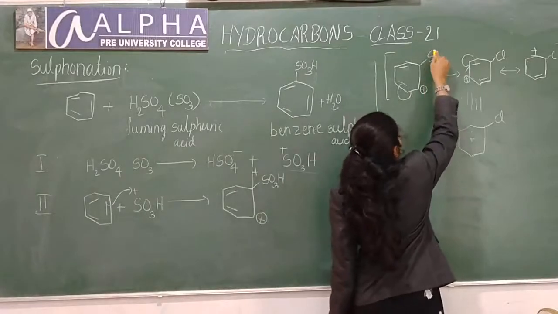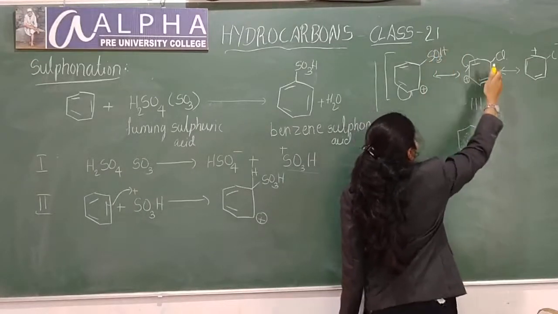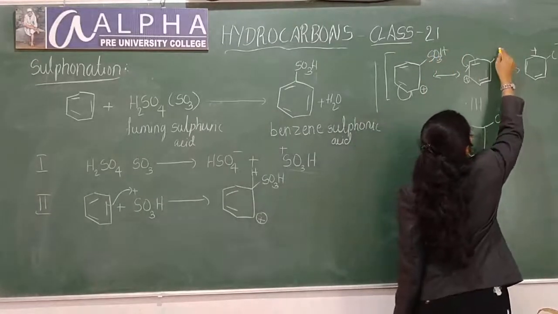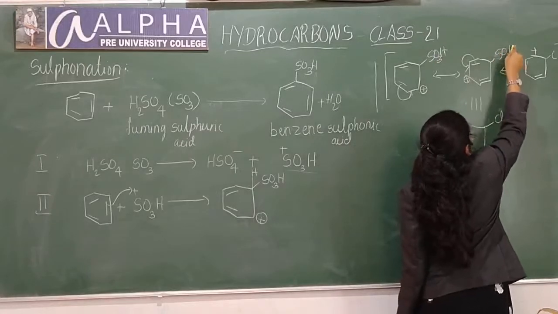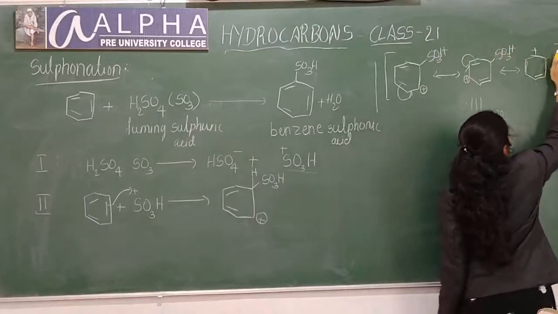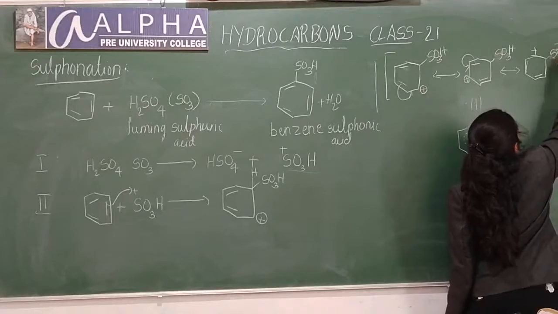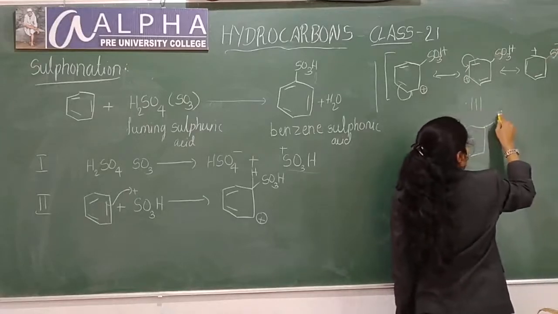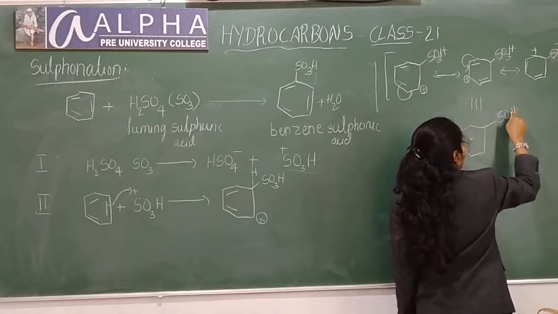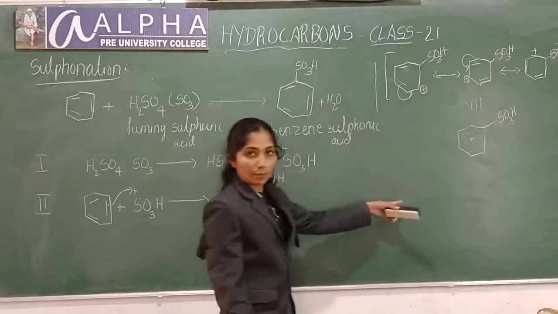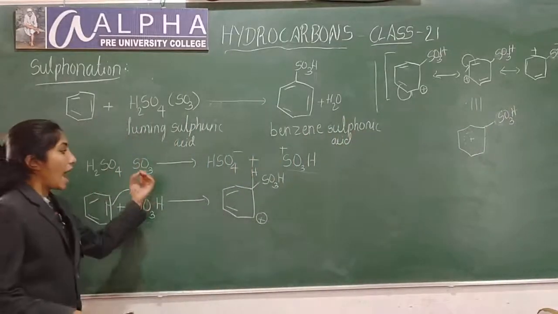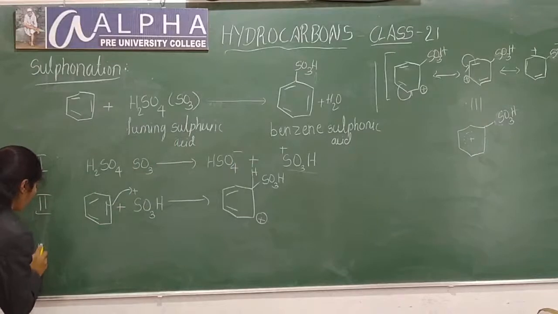In all the cases it is SO3H, wherever chlorine appeared earlier replace it by SO3H. Resonance stabilized carbocation formation will take place, and the final step is deprotonation, removal of a proton from it.